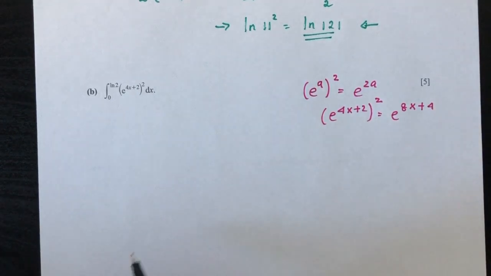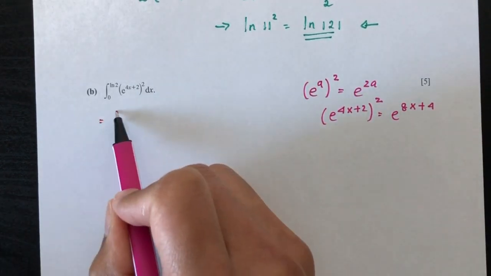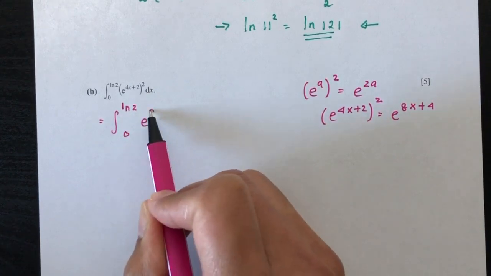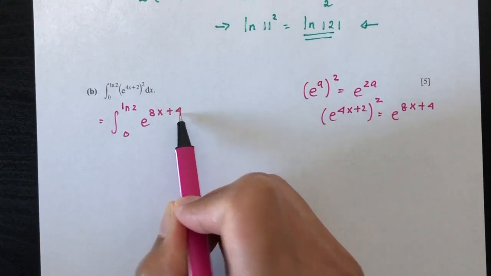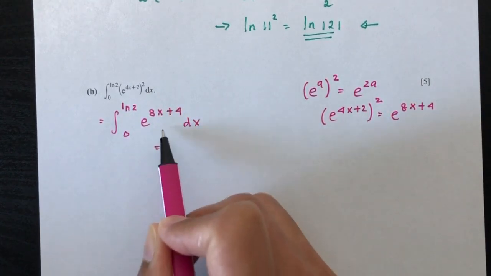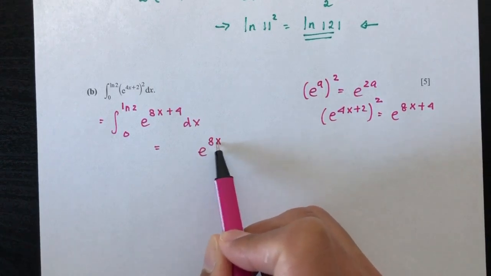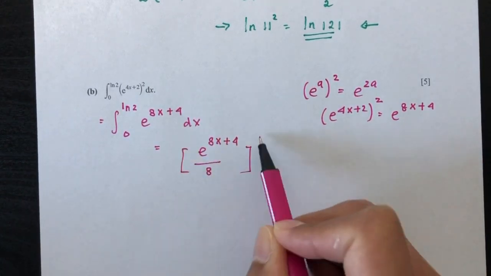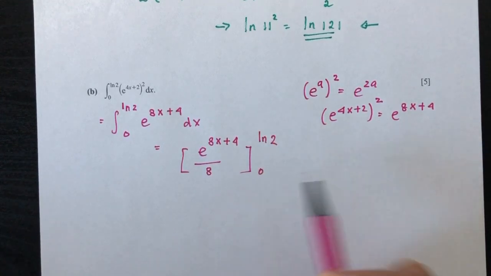As you can see, it's pretty easy. So same thing, let's do this here. Replace this one, expand the brackets, you will have e8x plus 4 dx. Now integrate, you will have e8x plus 4 divided by 8. Then you have limits ln 2 and 0.